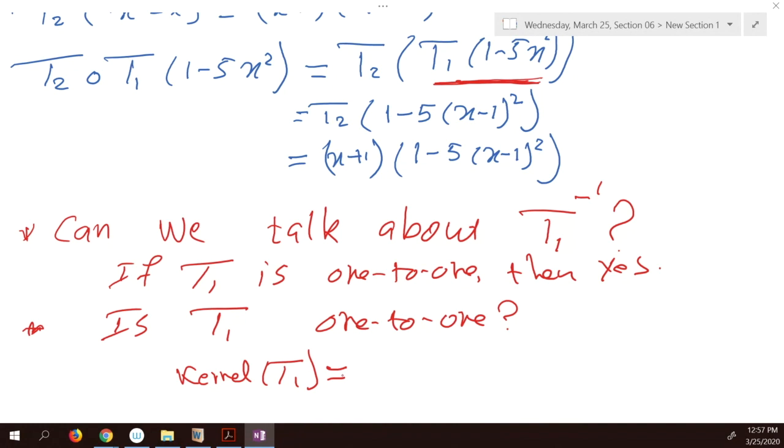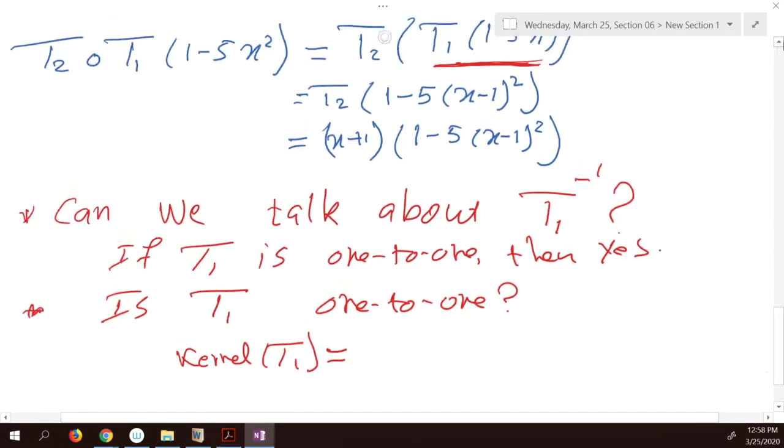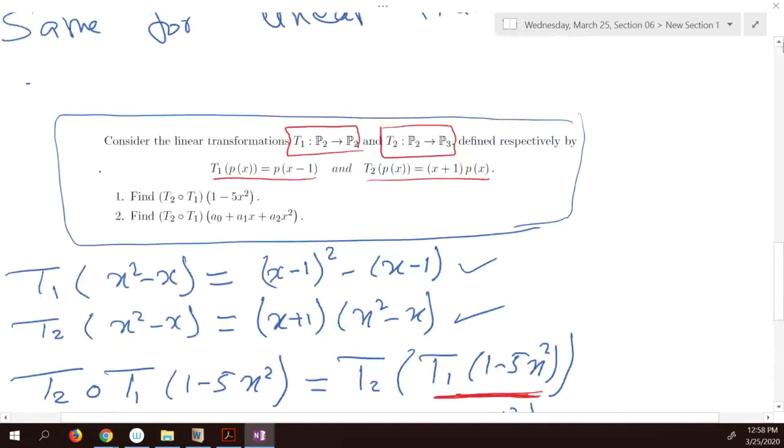Kernel of T1. Please write it on a piece of paper and see whether you can write it correct or not. If you want me to go up so you can see it, I can go up. Here it is. Here is T1, and this is P2. This is T1 from P2 to P2.